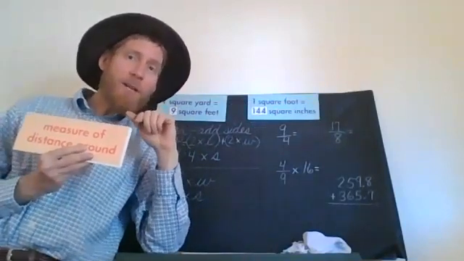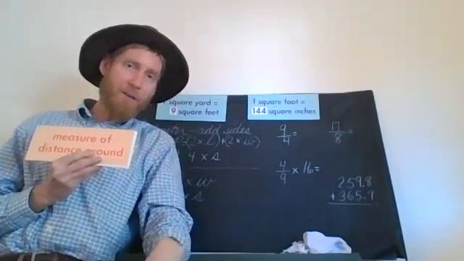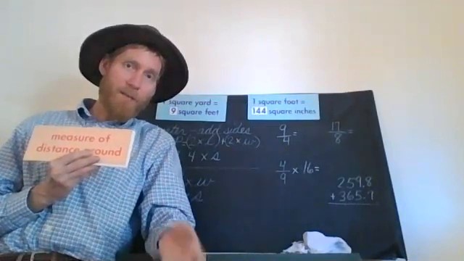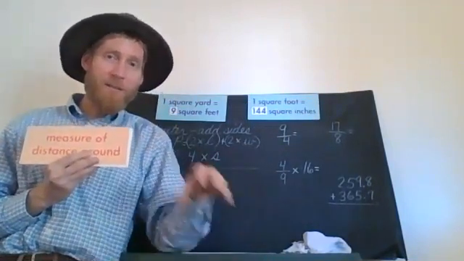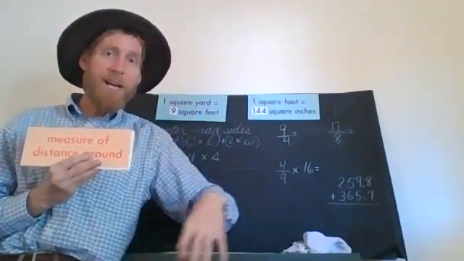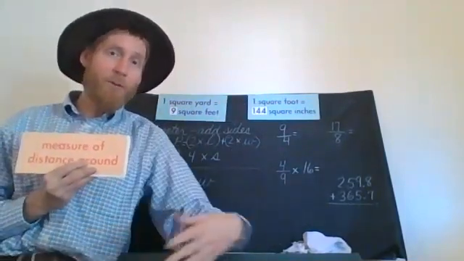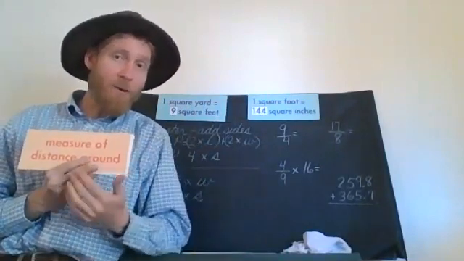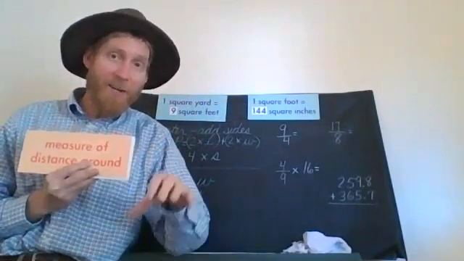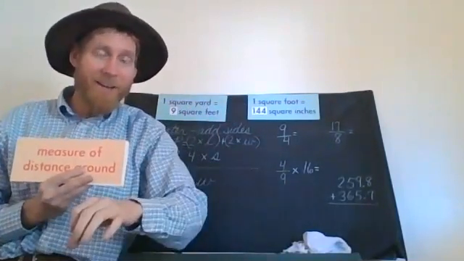But if I wanted to know how much tile to lay on the floor, if I had square tiles, I would be solving the area, everything inside the bathroom or the kitchen or in your house somewhere. You see, that's the area, that's everything inside.